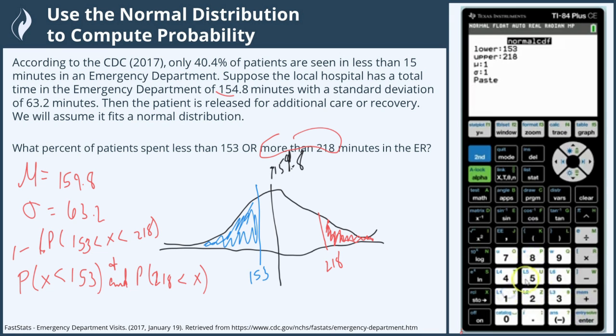Our mean is 154.8, and our standard deviation is 63.2. And we click enter, and we get our probability for this colored area that I have.